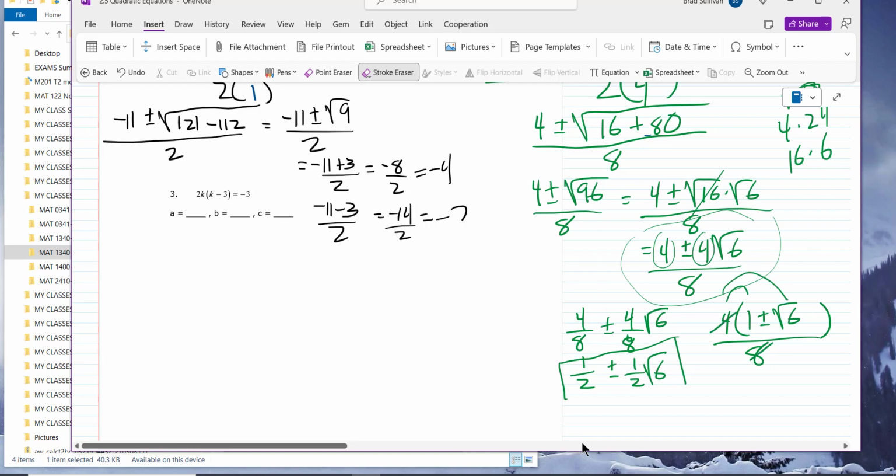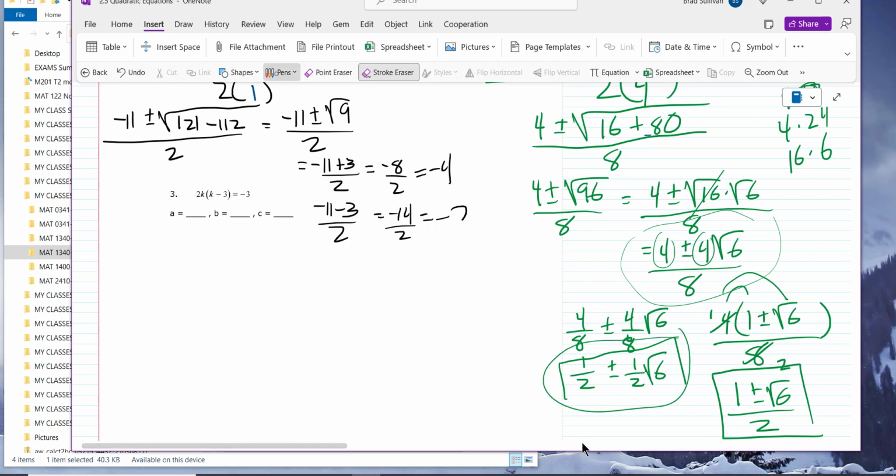Now this thing reduces, so you could get 1 plus or minus root 6 over 2. That's another beautiful way to write the answer. I find that most students seem to understand this way better than the other way. So it doesn't matter which way you do it, but you do have to go all the way to the end to get that.